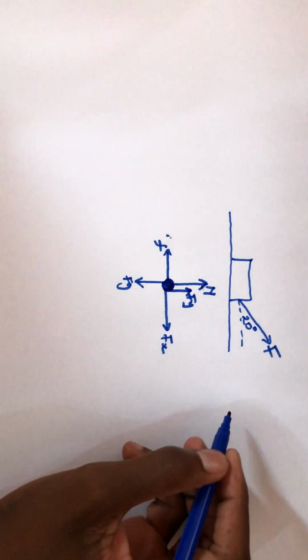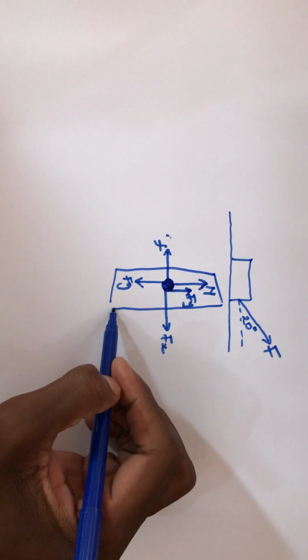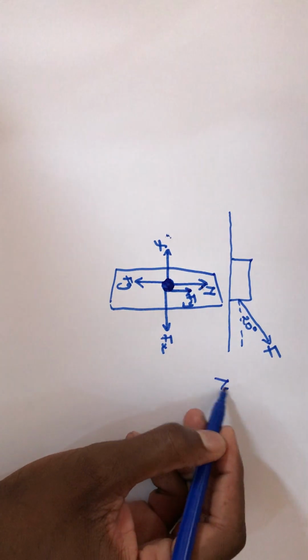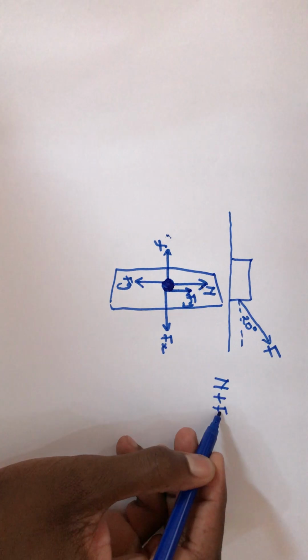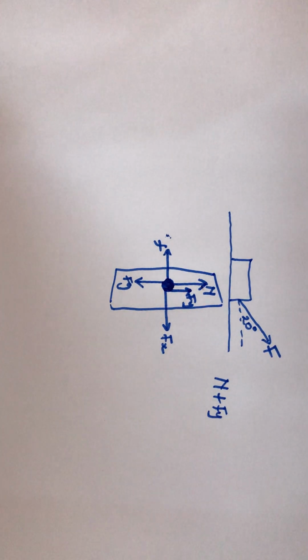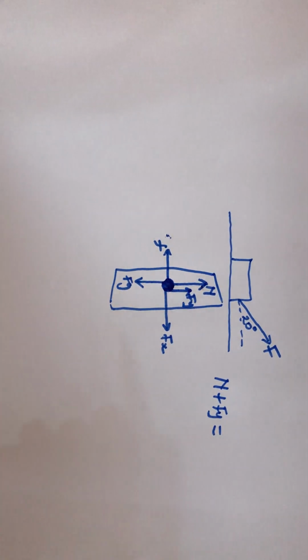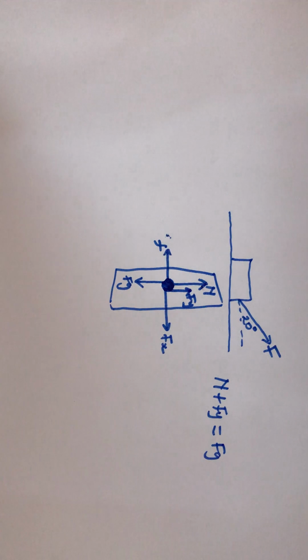We're going to ask how many forces here are going up. The normal force is going up plus the Fy is going up. We only have two forces going up. Now how many forces are going down? We only have Fg.